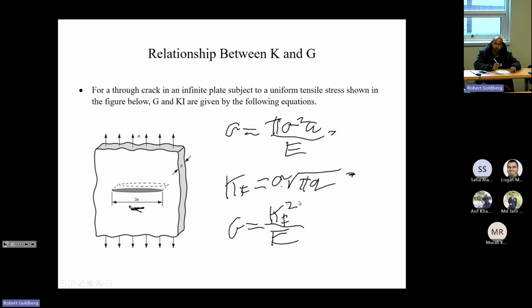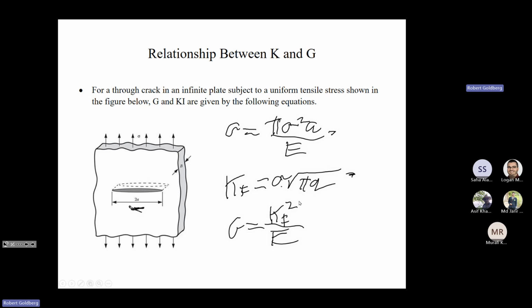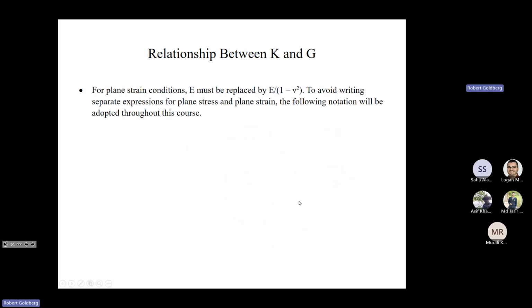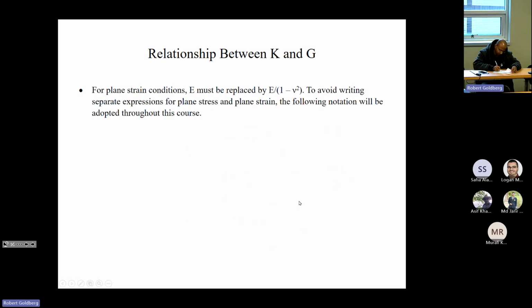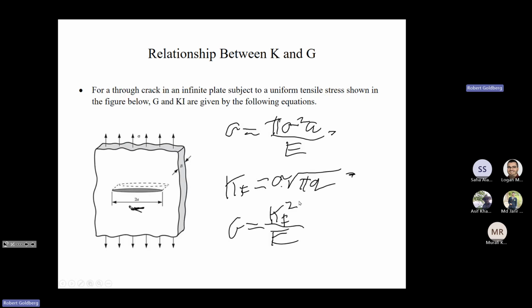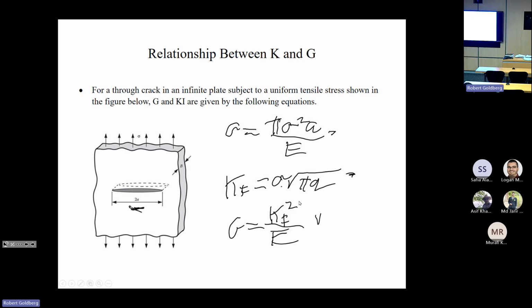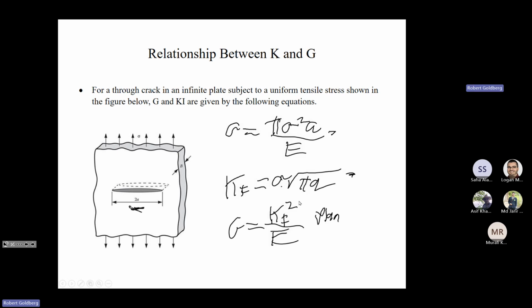But this is only true for linear elastic materials. Now, there's a little bit of a condition. These expressions that we talked about are all for the case of plane stress.